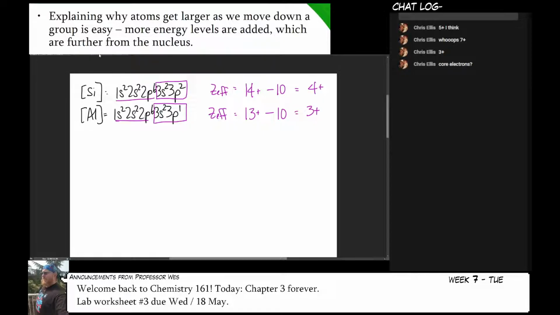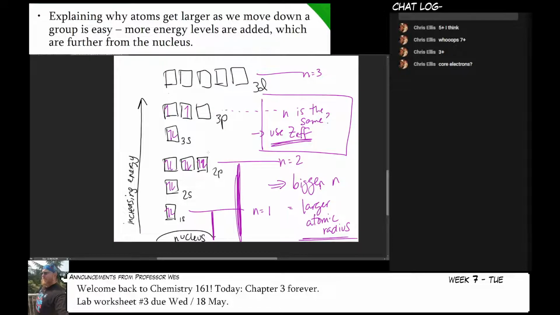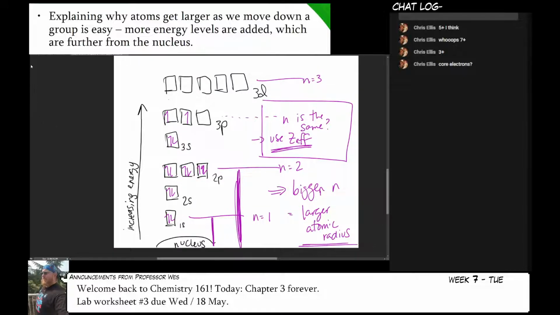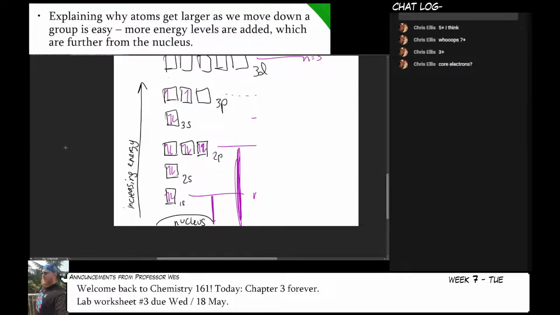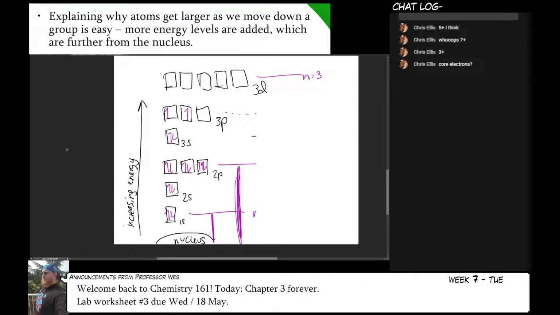Okay, let's go back over here. And I'm going to get rid of all of this over here, so it's just not in the way. But I'm going to draw a smaller cartoon of this. So here are my electrons in n equals 3 for aluminum.